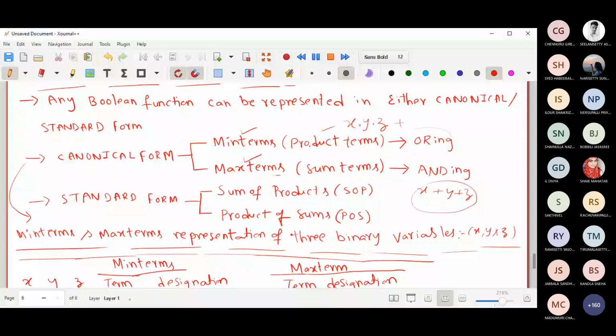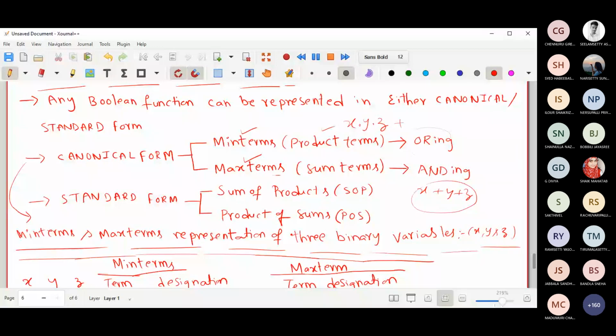Just remember here, min terms are nothing but product terms. You have to collect all product terms, and after collecting them, do ORing, which is nothing but plus. If it is max term form, nothing but sum terms, then you have to do ANDing, which is nothing but product.